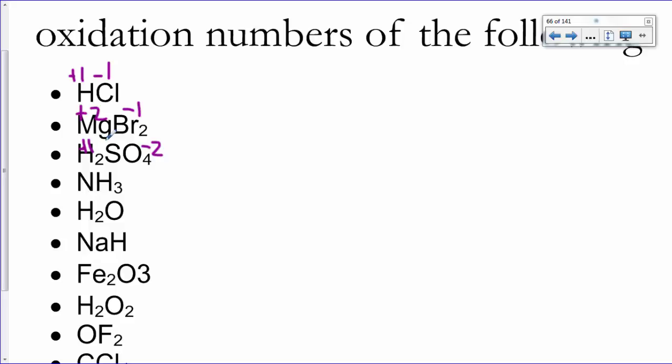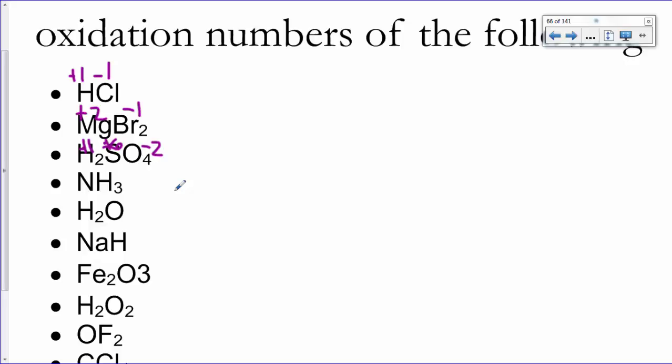You kind of have to reverse engineer and work backwards. We know oxygen, we know hydrogen. Those ones are kind of set in stone. So once I found out those, working backwards, the only way to make this molecule neutral is for sulfur to be +6, because then 2 +1s for hydrogen and 6 more plus for sulfur would give you 8, and that would get counterbalanced by the -8 for oxygen.